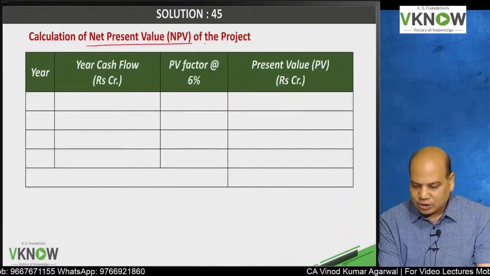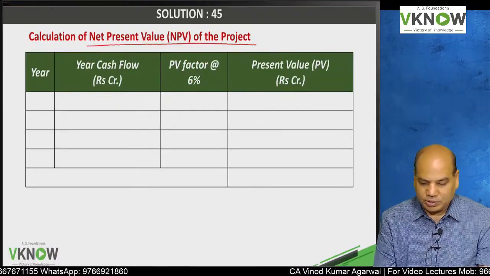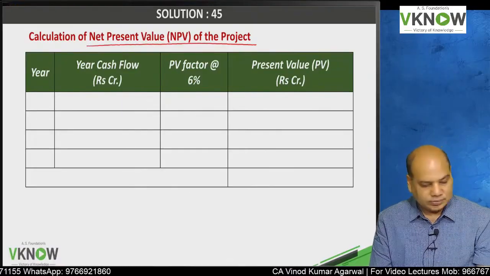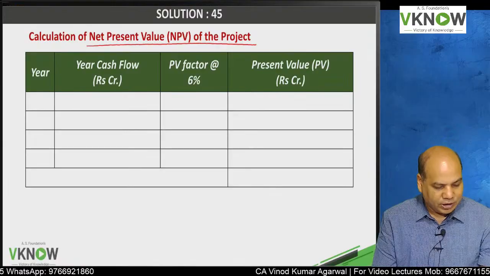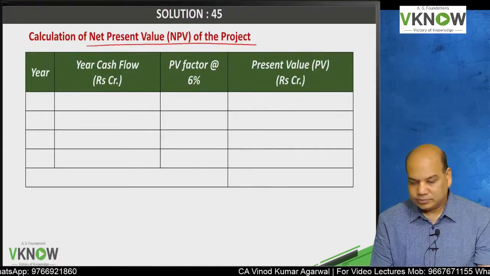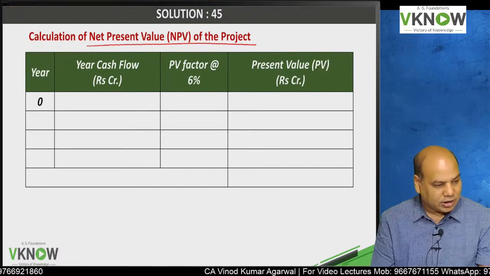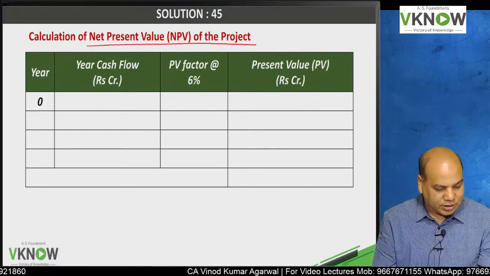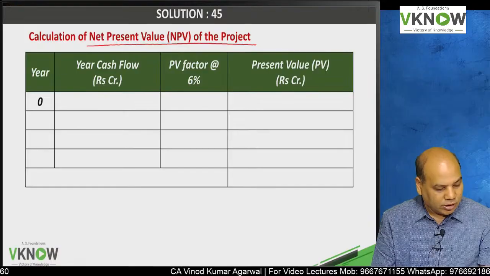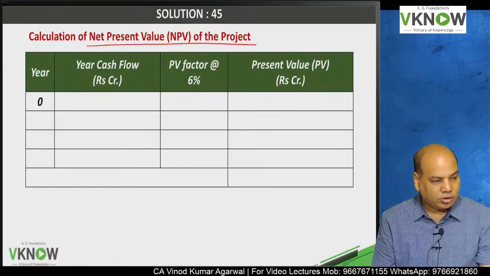Now write down calculation of NPV of the project. Life of the project is 3 years, discount rate is 6%, initial investment is 400 crore.